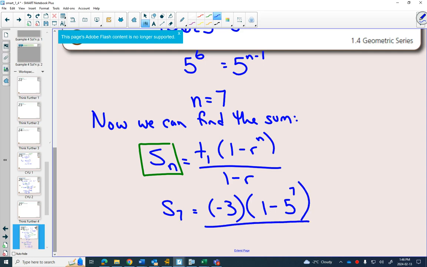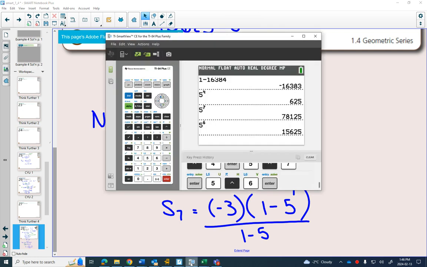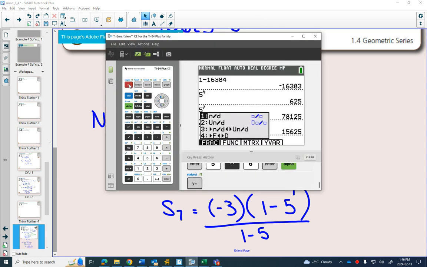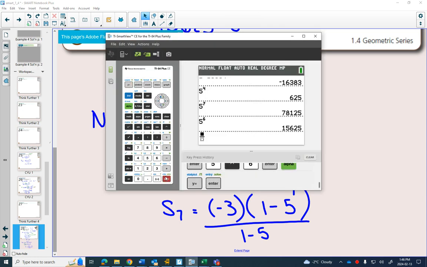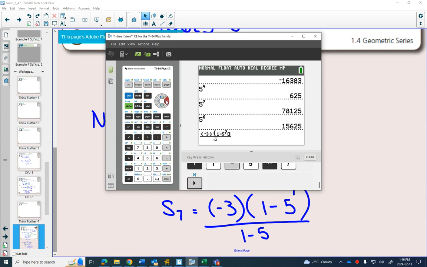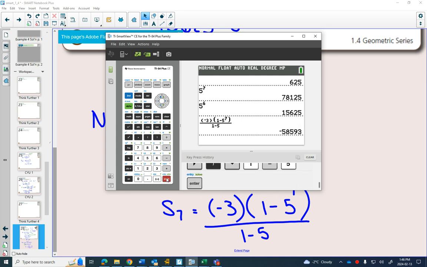And now n is 7. I can type this whole thing right into my calculator all at once. Negative 58,593.